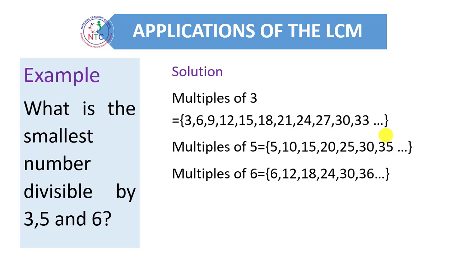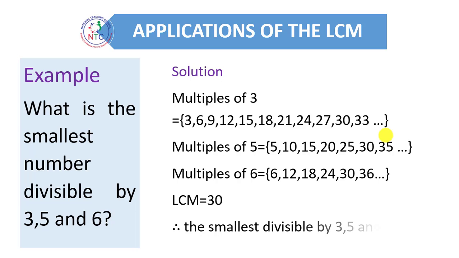Now, look at the individual sets. What is the smallest number that appears in all 3 sets? You are very much right. The answer is simply 30. So we simply say that therefore the smallest number divisible by 3, 5, and 6 is 30.